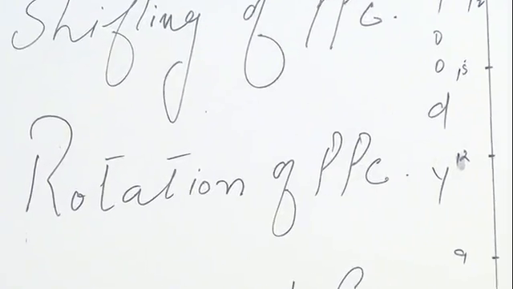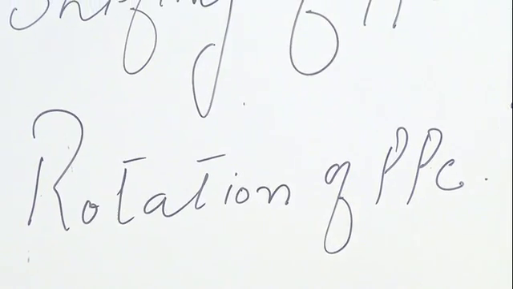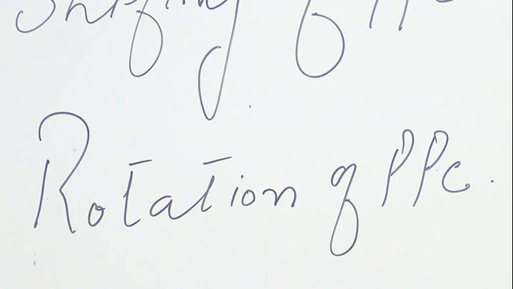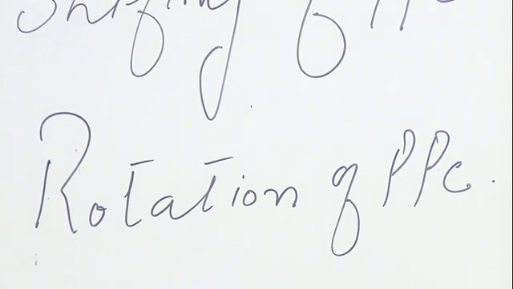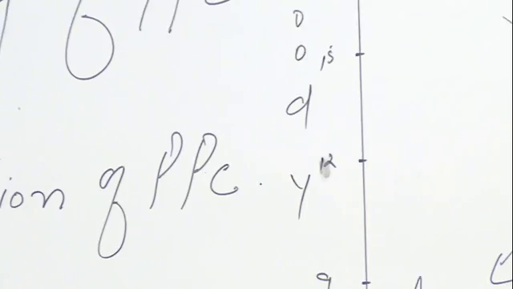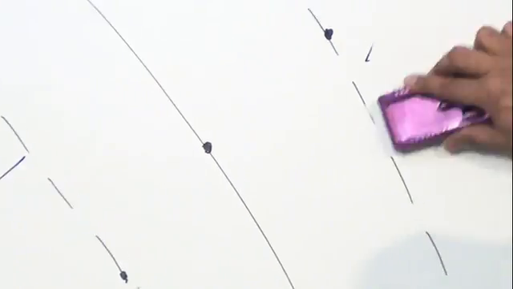Now I will show you how the production possibility curve rotates towards x-axis or how it rotates towards y-axis, that we call rotation of production possibility curve.